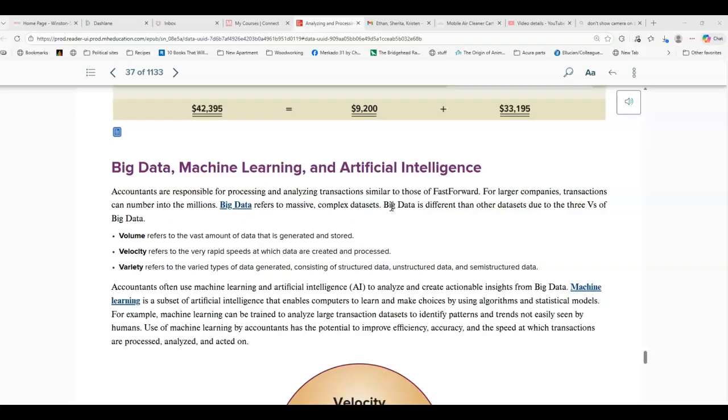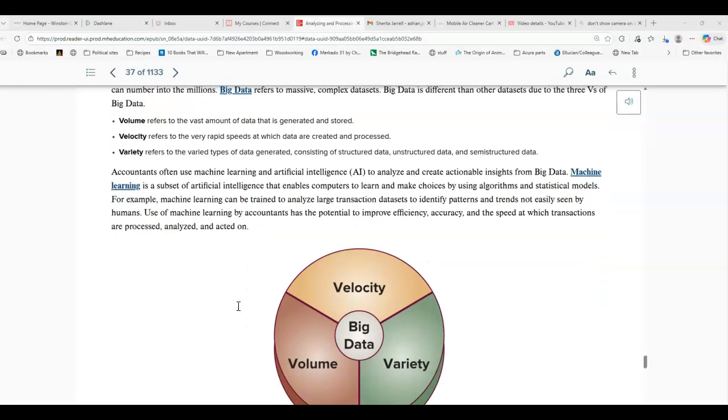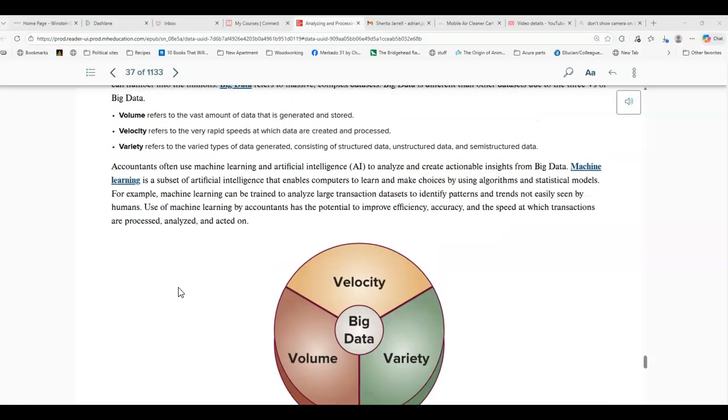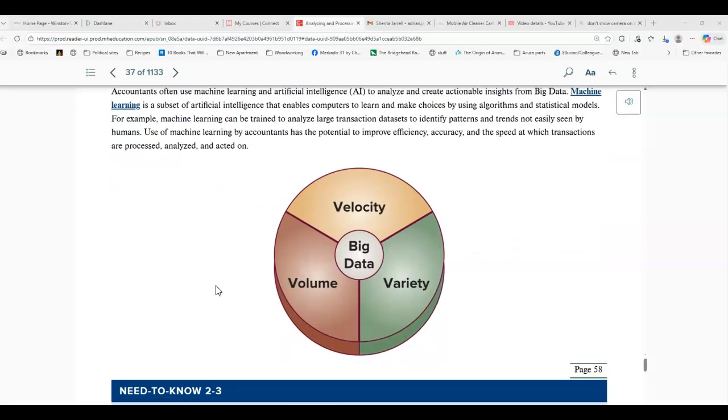But big data is different than other data sets due to the volume that it generates, the velocity, the speed at which these things happen. The transactions are occurring so rapidly. And variety means there's so many different types of things. So we use artificial intelligence to help find trends and problems that we would have trouble recognizing in such a huge data set.